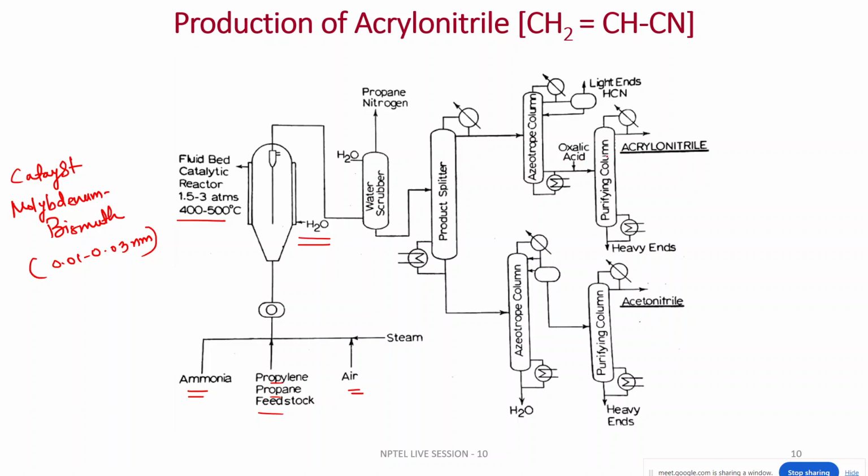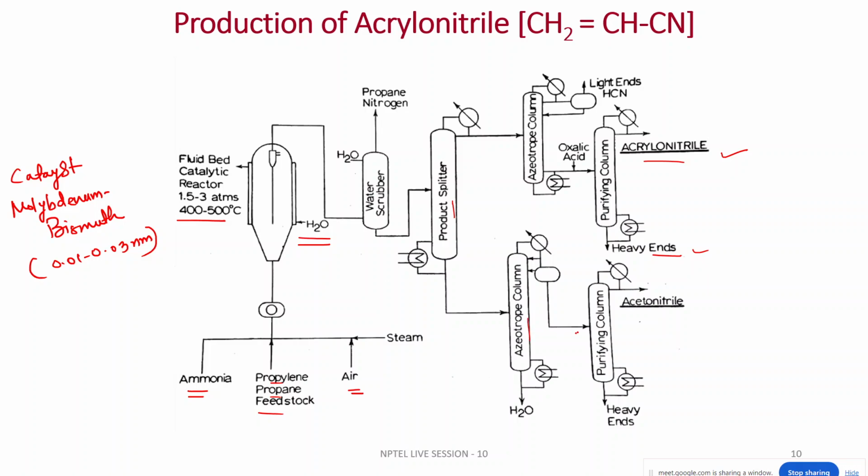From the product splitter, you can see the light ends are taken to the azeotropic column and it produces the acrylonitrile as a top product, and heavy ends, some other products, are there as a bottom product.